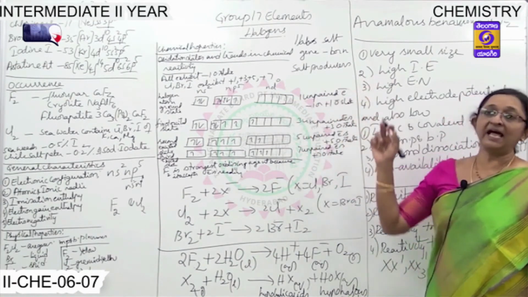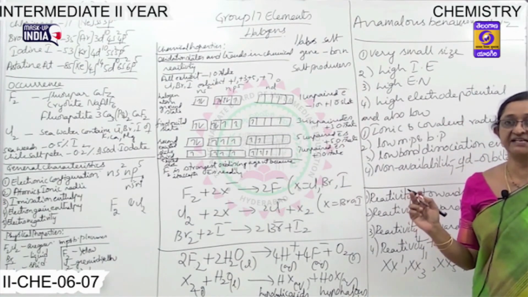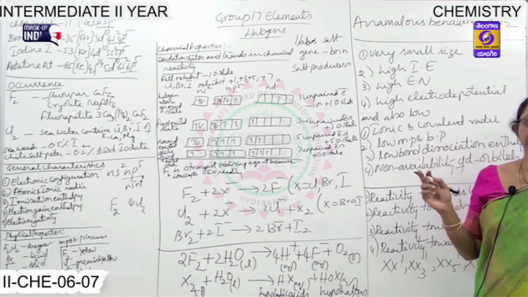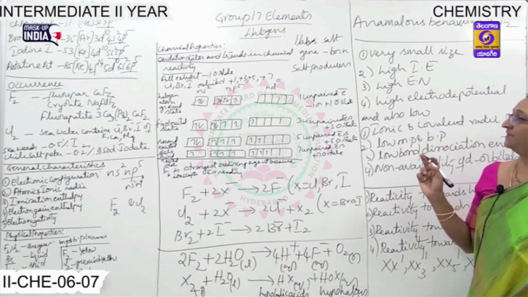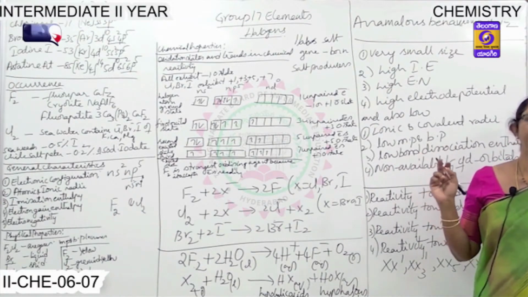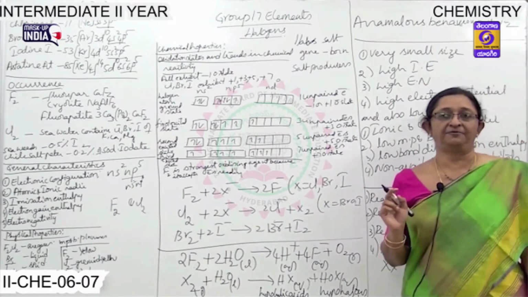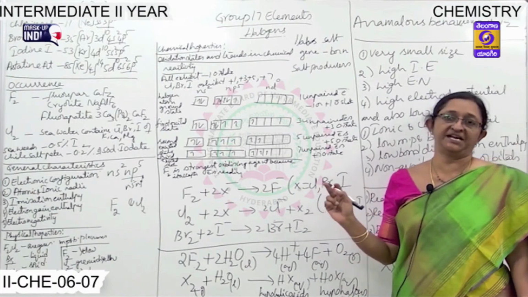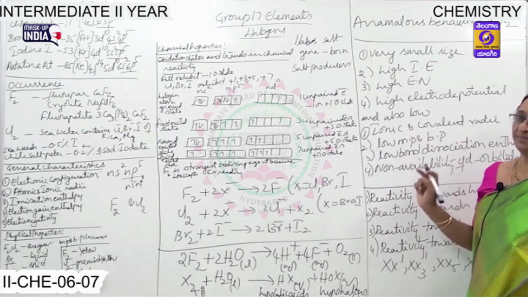Then all the halogens exhibit -1 oxidation state. Besides that, chlorine, bromine and iodine exhibit +1, +3, +5 and +7 because of the presence of d orbital. Fluorine cannot have these oxidation states because of the absence of d orbitals.